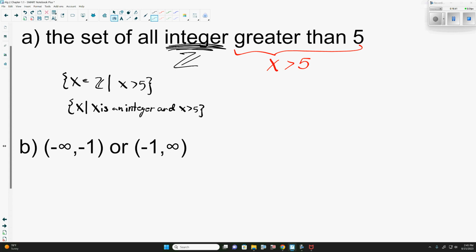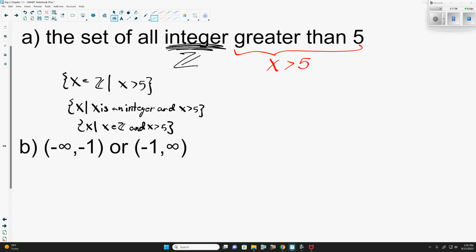I didn't show this in the other hours, but we could say for the set of all real numbers x such that x is an element of the integers and x is greater than 5. Both of those work. All of those are saying the exact same thing.